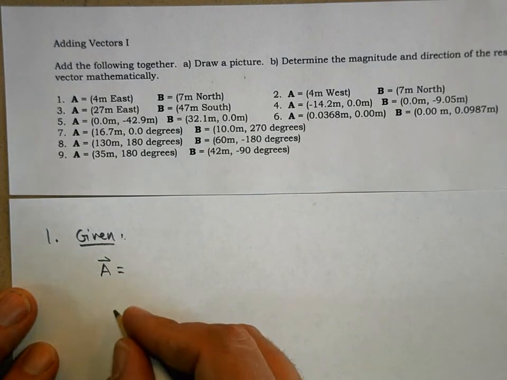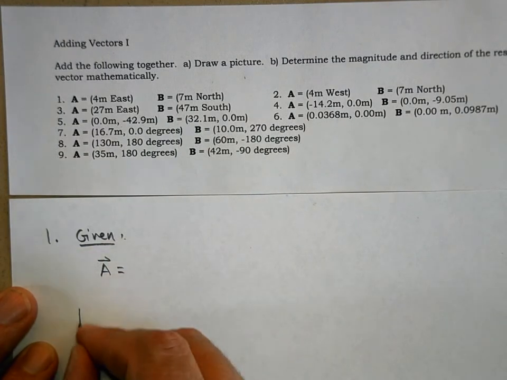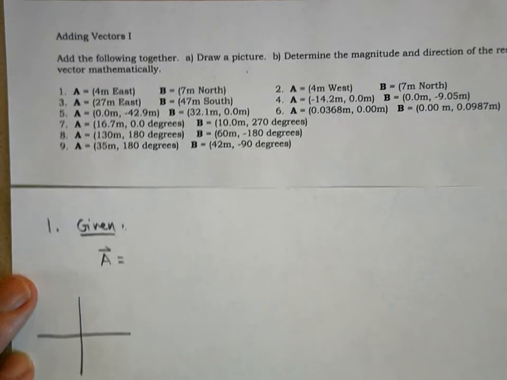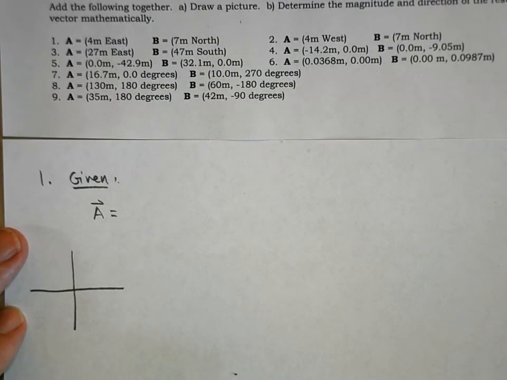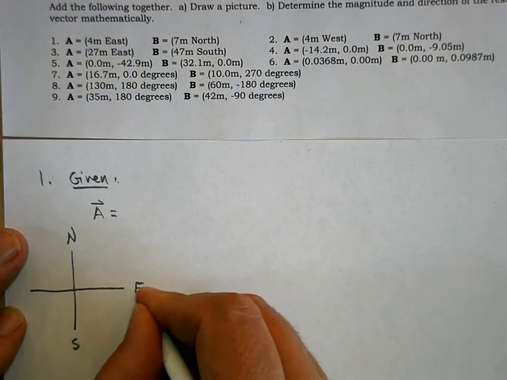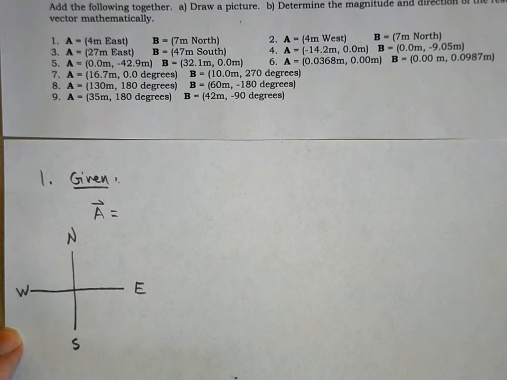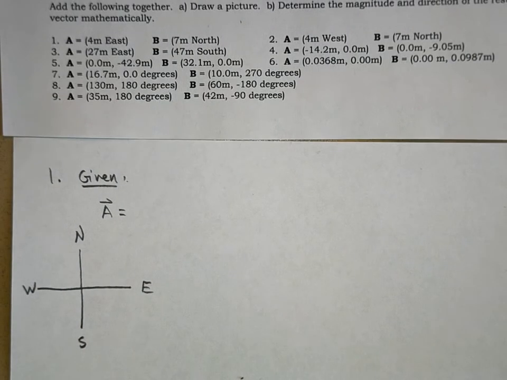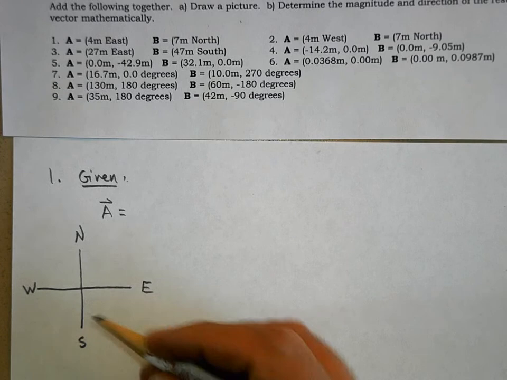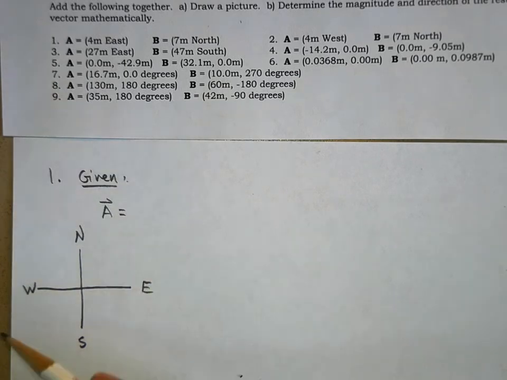Well, you have to recognize this, that the compass points we're going to be using are north, south, east, and west. This is a standard way of doing it on a map. So the east is really the positive x direction. North is the positive y.